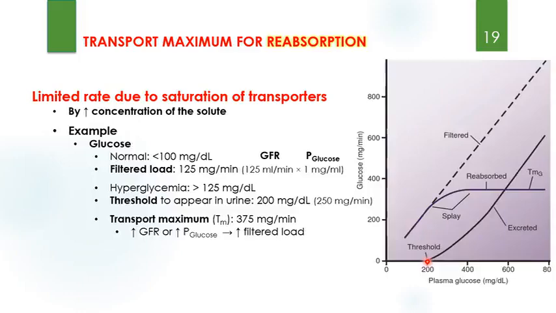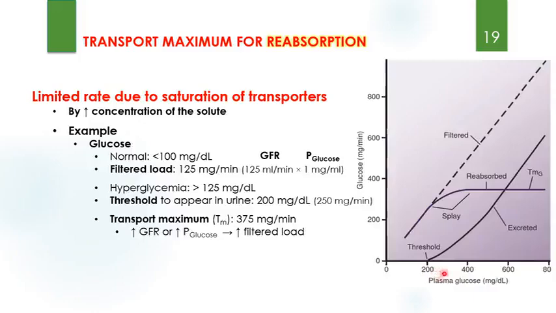reabsorption rate and filtration rate will separate because the reabsorption reaches its saturation in some nephrons. So you see that after this concentration, the reabsorption rate is less than the filtration rate.